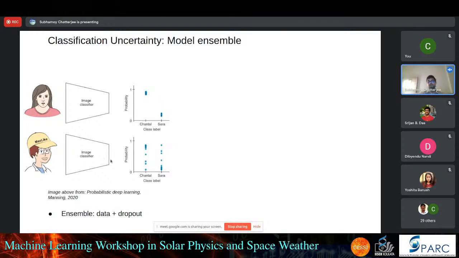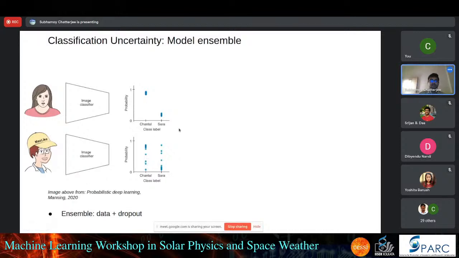Whereas if you show the model unknown data, which is not well represented in the training phase, they will tend to disagree with each other. So instead of having a single outcome which is totally off and wrong, it is better to have an uncertain outcome so that it is actionable. So that is the approach we take here.